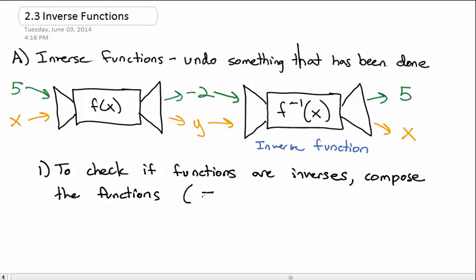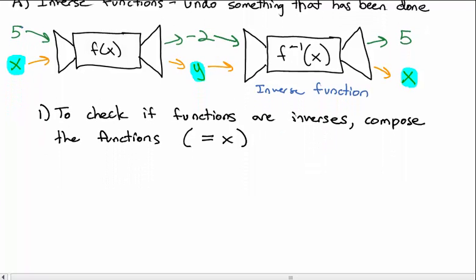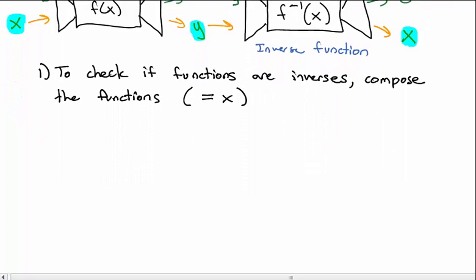And when we do that, it should equal x. And the reason for that is what we just did in this example. When we plugged x in, we got y, and then when we compose it, we get back to x. The composition will equal x if the functions are indeed inverses.